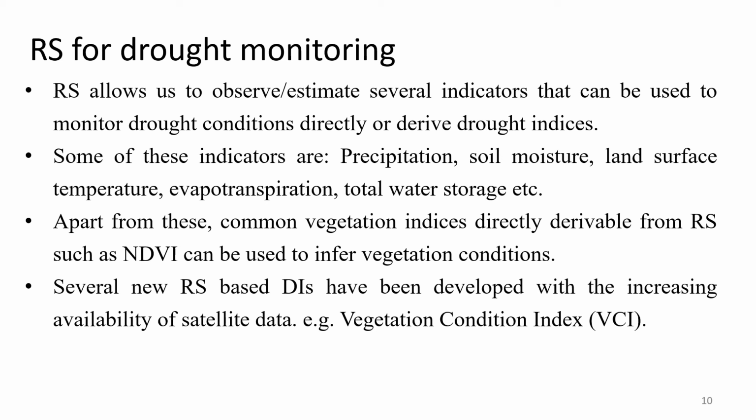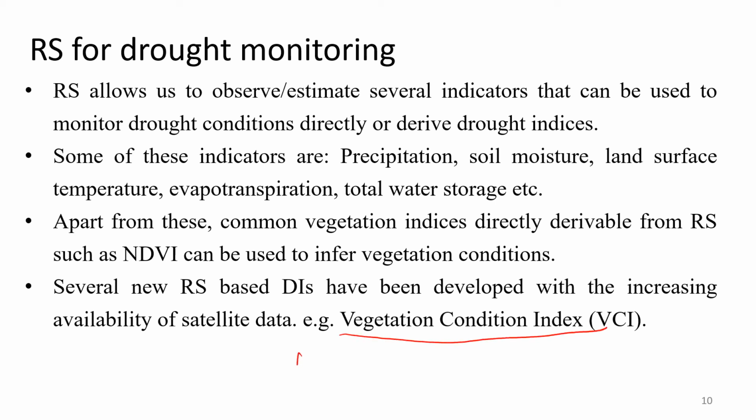Okay. And after the improvement in satellite-based remote sensing technology, several new drought indices have been defined from remote sensing data itself. For example, the vegetation condition index, which is based on NDVI.